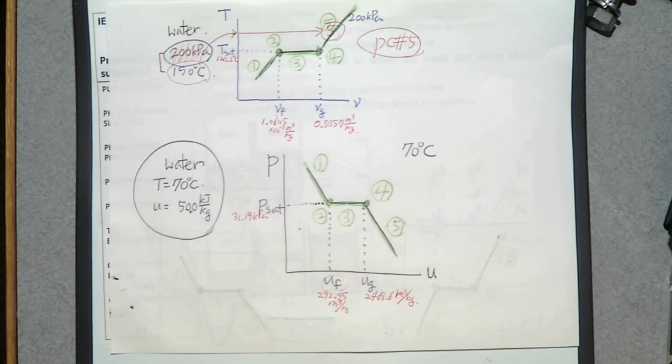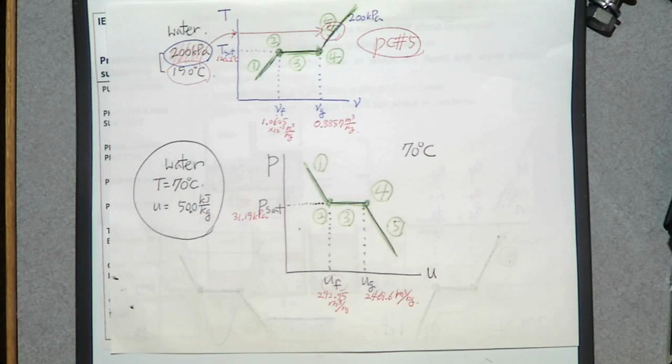Now, we made this PU diagram at this temperature. So we only used 70 degrees Celsius. That means that as long as the water is at 70 degrees Celsius, that water should be on this line. So let's find where it is. So U is 500.